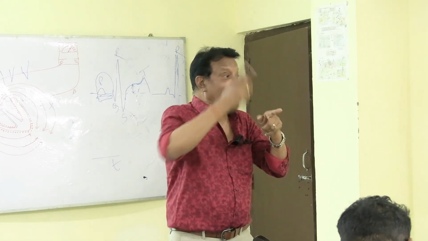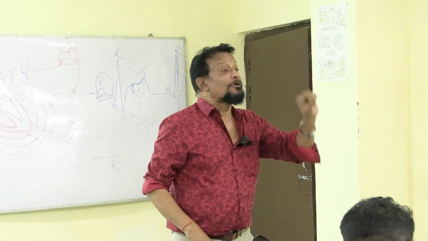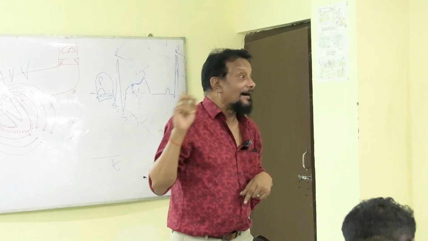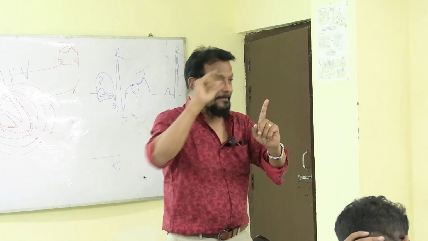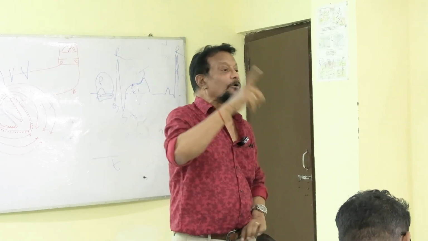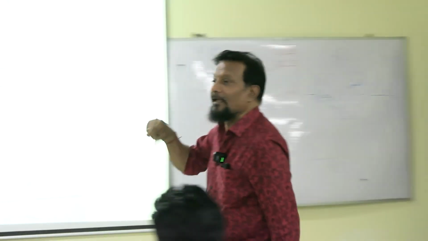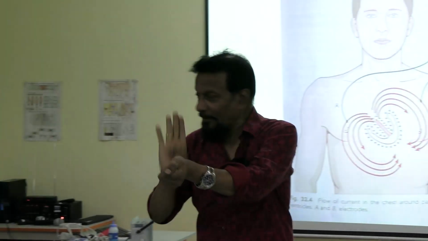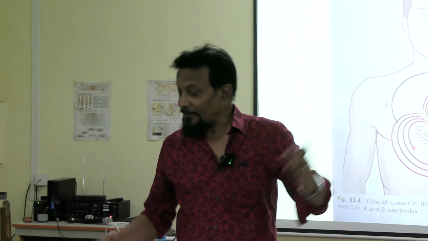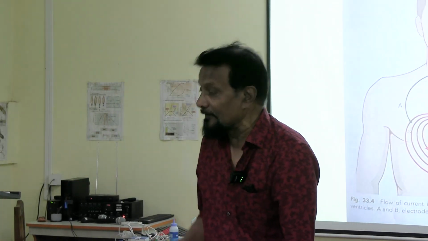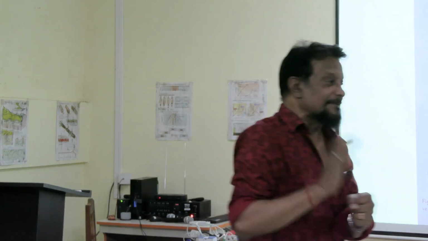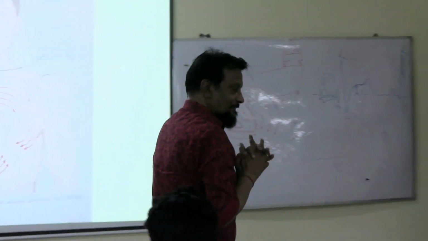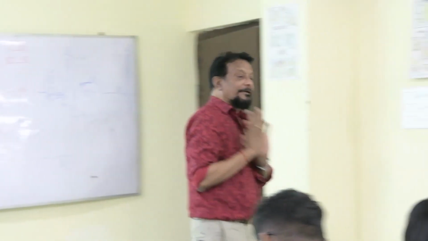It will be augmented, amplified. That's why, if I place the positive electrode in the right hand, it will be AVR. If I place the positive pole here, it will be AVL. If I place it here, it will be AVF. The negative poles are combined together and it is 0, so against 0, I am comparing the voltage in the right hand, left hand and left leg. So these are augmented limb leads.